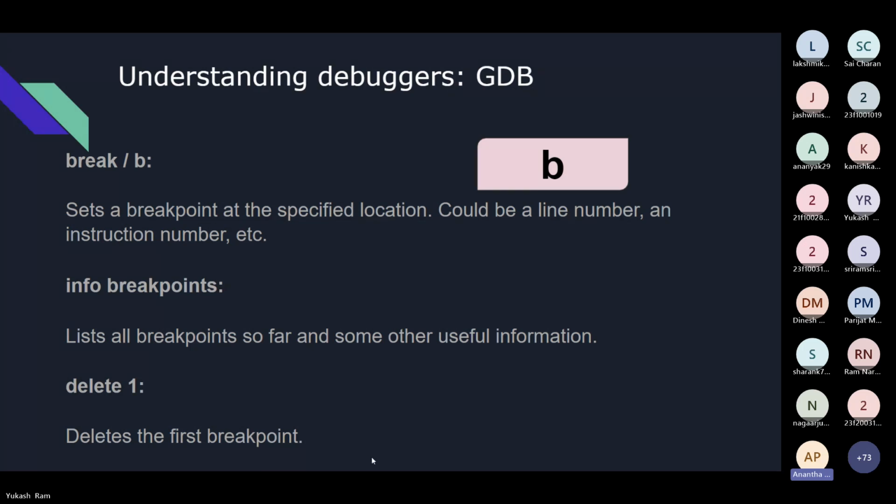One line of code in your source code might correspond to 2 or 3 lines of assembly instructions, so within the assembly, you can put a breakpoint. And info breakpoints will give you the list of all the breakpoints you have set, and delete followed by the specific number of the breakpoint will delete that breakpoint.